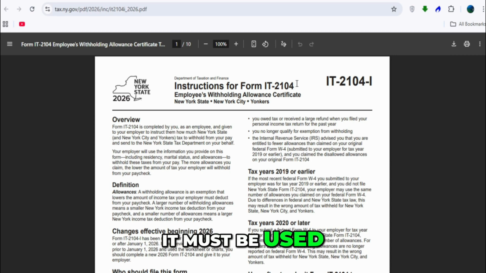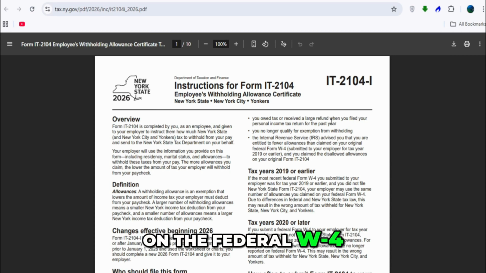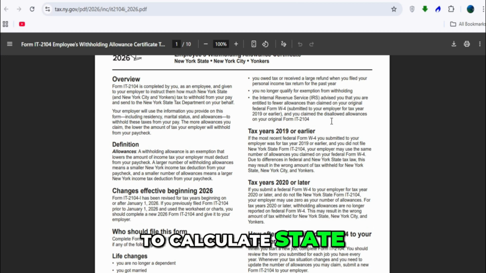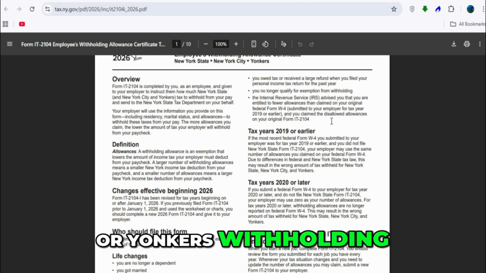it must be used. Here, this means that New York does not rely on the federal W-4 to calculate state, city, or Yonkers withholding.